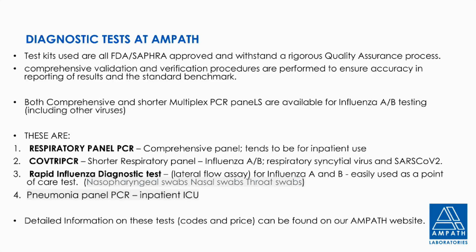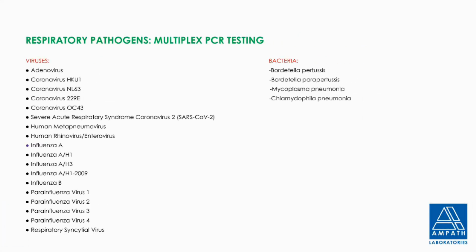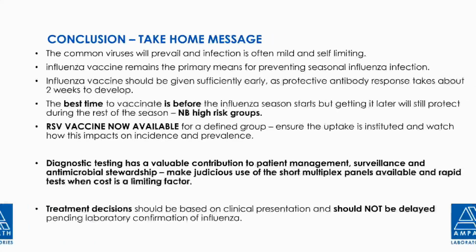So this tends to be used at an outpatient level, and medical aid does reimburse for inpatient use of the respiratory PCR and the co-tri PCR at outpatient level as well. Again, you have different patient populations that you would test, but generally in your high-risk pediatric patients, you would want to test on either a nasopharyngeal swab or an aspirate. Again, in your immunocompromised patients and your high-risk groups. This is just to illustrate what the panel looks like.